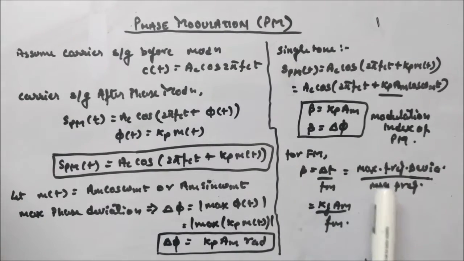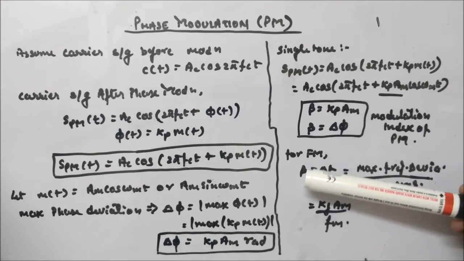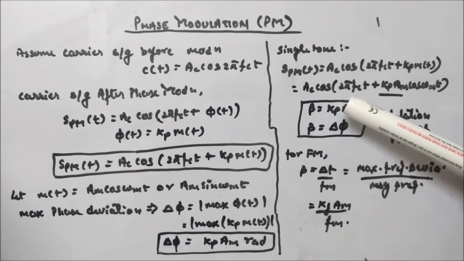Now if you remember, for FM you had β equal to Δf upon fm, which is the maximum frequency deviation divided by the message frequency. You can also write it as Kf into Am divided by fm, where Kf is the frequency sensitivity, Am is the amplitude, and fm is the frequency of the message signal. You can see the difference in the expression of β.